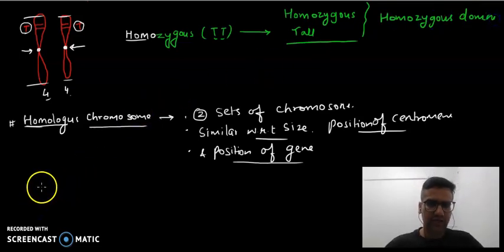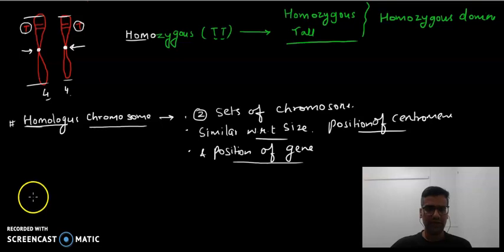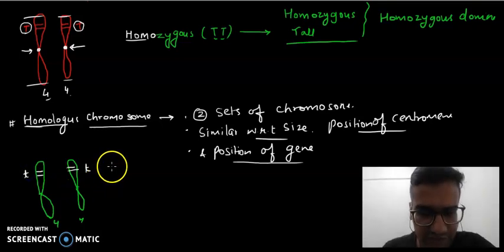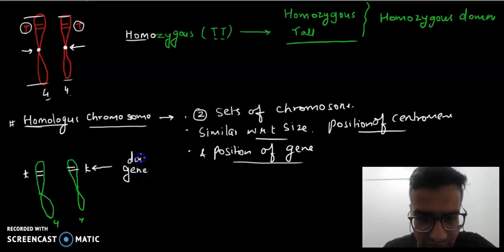The other form of the character could be homozygous recessiveness. This is the pair of chromosome number 4. And on the same side, a gene is present which is present in small t form. That is, dwarfness gene is present. This gene codes for dwarfness in the plant.